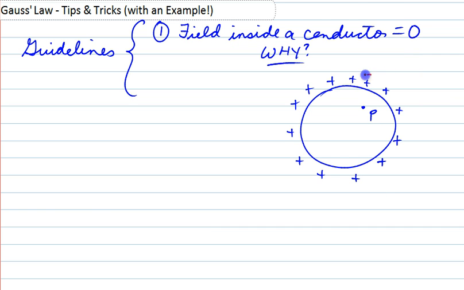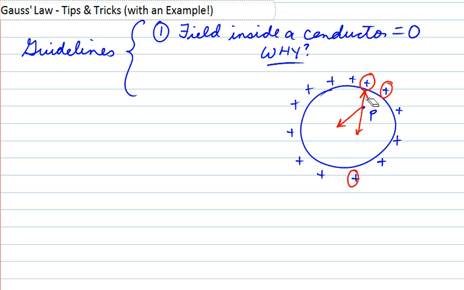So if we look at the field from this particular charge, it's going to be going this way. And if we look at the field from this particular charge, it'll be going that way. But if we look at the field from this particular charge, it'll be going that way. And so pretty soon there's some cancellation going on.